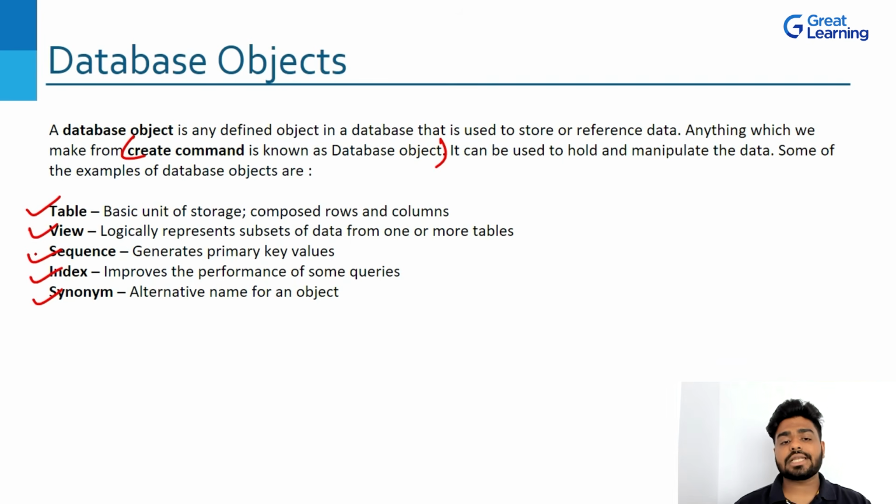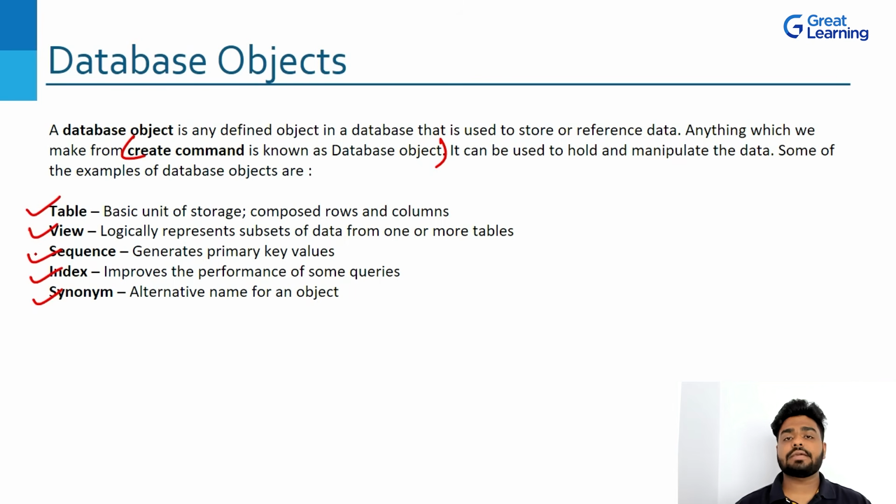View logically represents subsets of data from one or more tables. So let's say that you have two tables, student and student department. From both these tables, you want to take some data and create a new temporary table for your own purpose. You take some data from student, some data from student department, combine them together and create another kind of table, which is called a view.